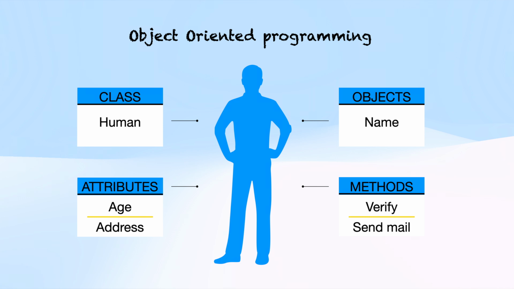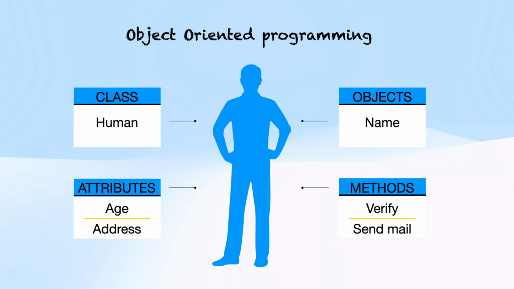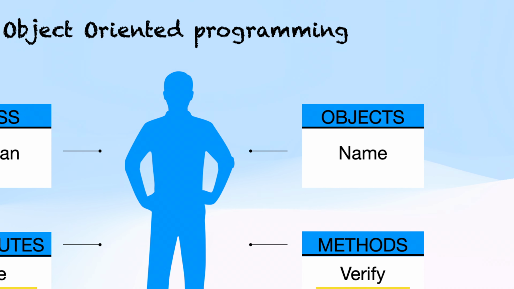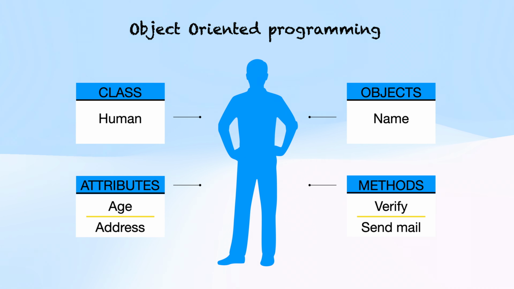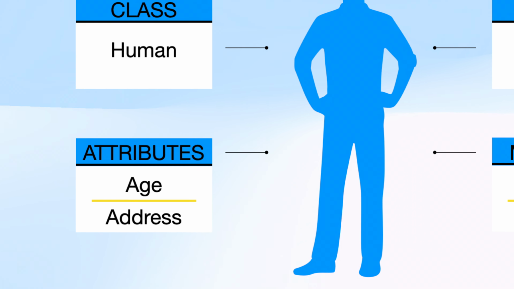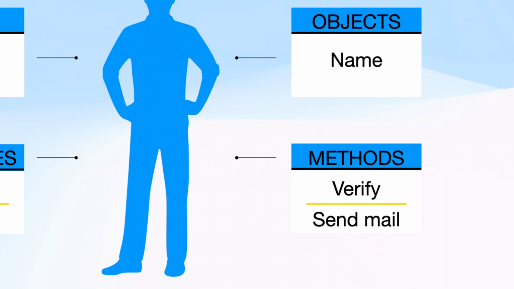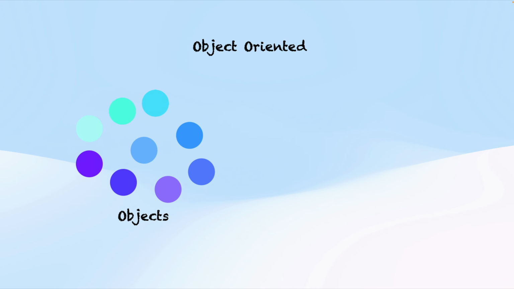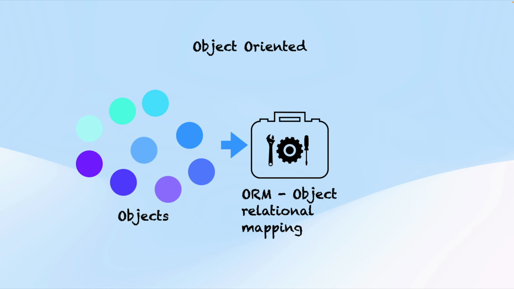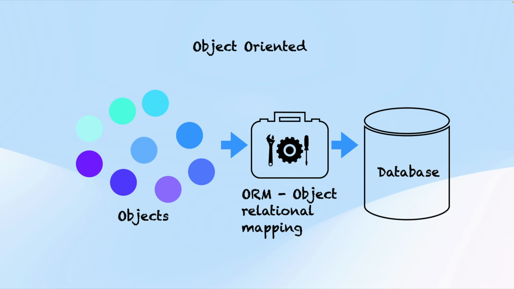If you are familiar with object-oriented programming languages, you know that an object is a collection of both data, which are attributes, and functions, which are the methods that operate on the data. In an object-oriented database, data is stored as an object that directly maps to the application's code. This is different from relational databases where data is stored in tables and you need to map it back to your objects.